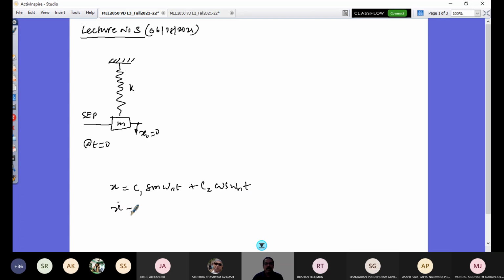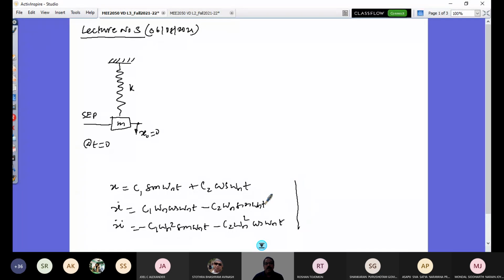So x dot is C1 omega n cos omega nt minus C2 omega n sin omega nt, and x double dot would be minus C1 omega n squared sin omega nt minus C2 omega n squared cos omega nt. So this is what we have seen.